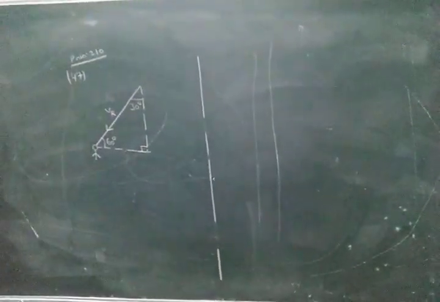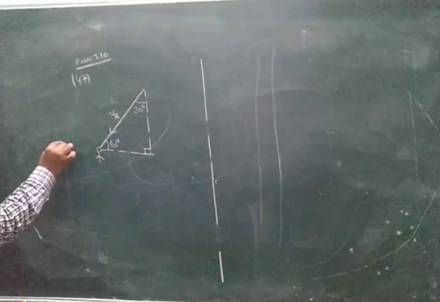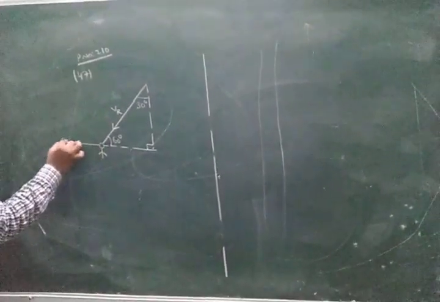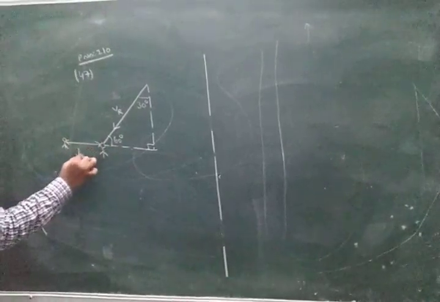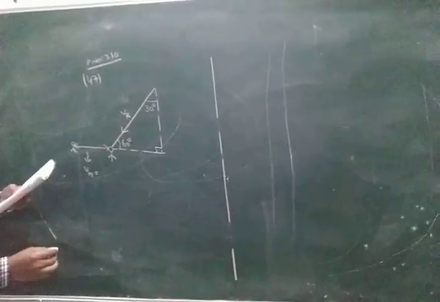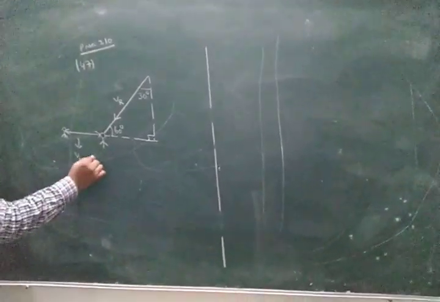In this situation, the man is in motion, moving from here to here. What value is given in the book for the velocity of the man? The velocity of the man is 5.